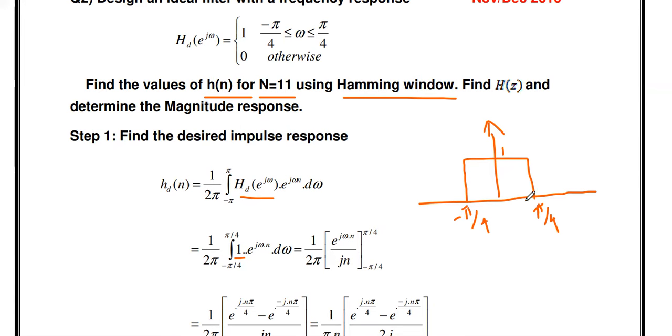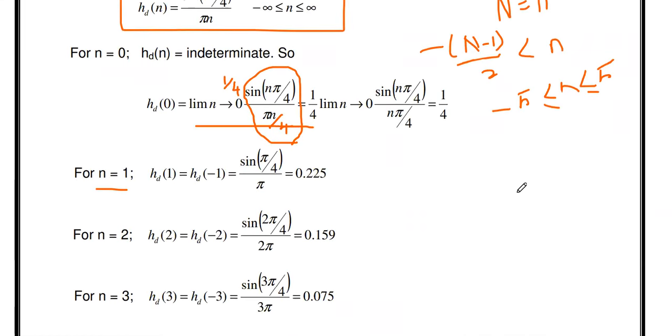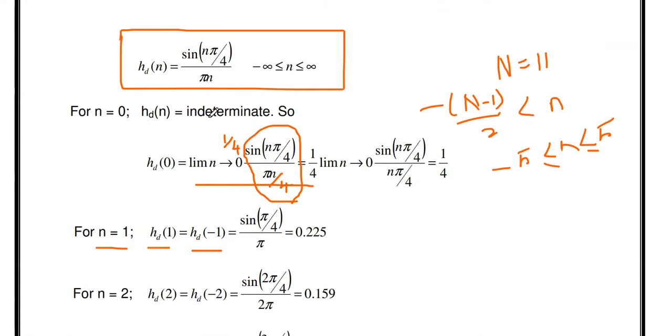Since the frequency response graph is symmetric, the corresponding impulse response is also symmetric about the 0 axis. So hd(1) and hd(minus 1) are both equal in value. Substitute n equal to 1 in this formula: sine pi by 4 divided by pi. Put your calculator in radian mode and find the answer. Sine pi by 4 divided by pi, the answer is 0.225.